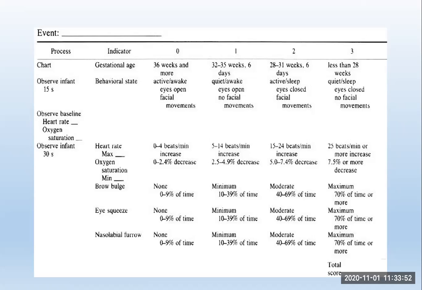More desaturation, higher the score. More brow bulge will give more score. Maximum eye squeeze will give maximum score, and no eye squeeze will be given a 0 score. A more deepened nasolabial furrow would give more score. So this is not a complicated score. It is easy to remember also.